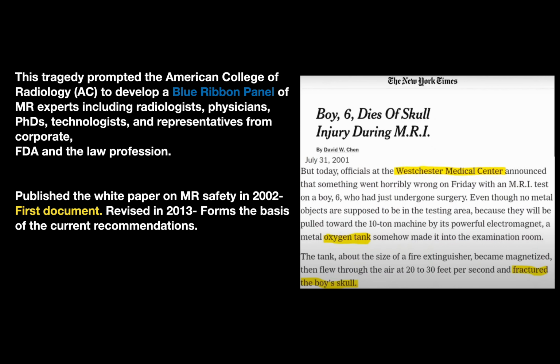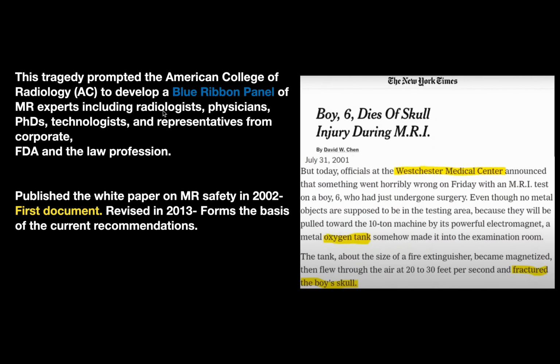MRI is safe, but if something goes wrong, it can go very wrong. One incident occurred in Westchester Medical Center. A 6-year-old boy died of a skull injury due to an oxygen tank that came into the examination room and fractured the boy's skull.